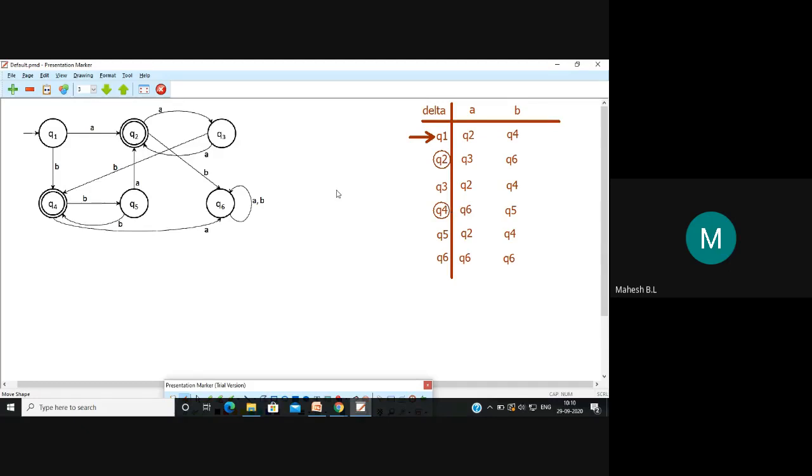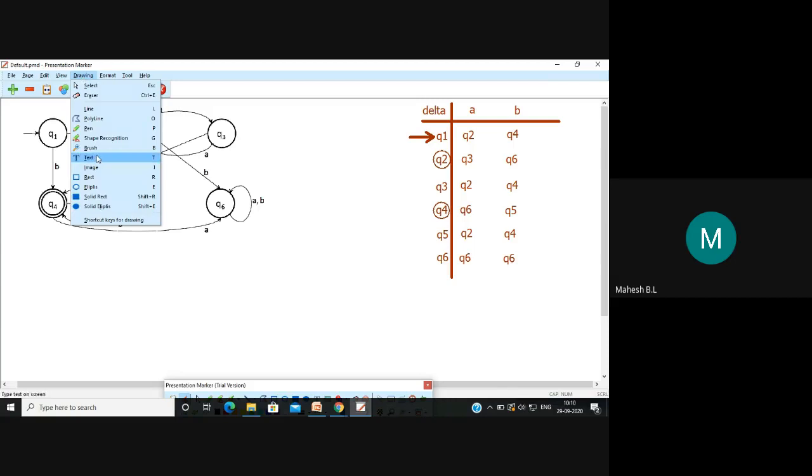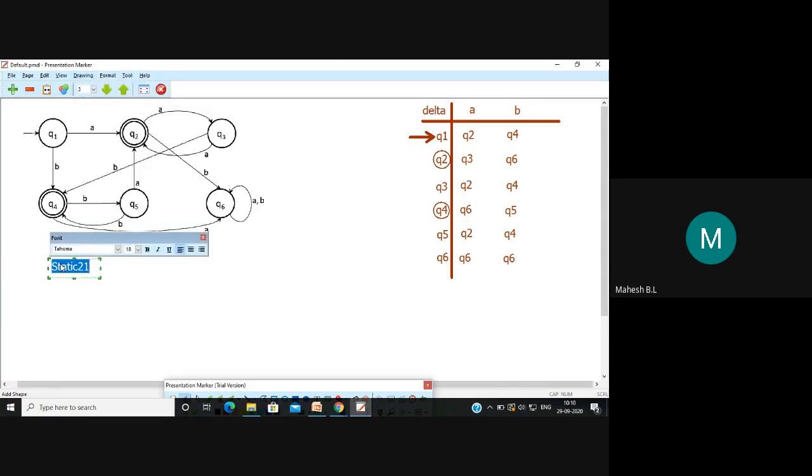Now we need to find out equivalence classes. Okay. So first, zero equivalence class. Zero equivalence class means accepting states are together, rejecting states are together.